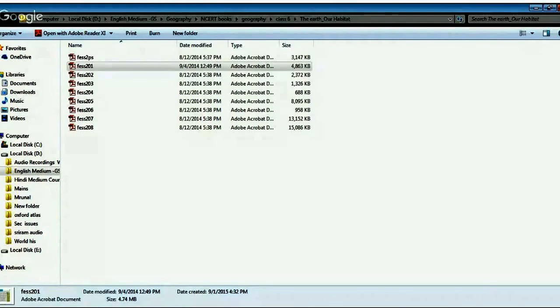These are known as inner planets because they are very close to the sun, and they are made up of rocks, debris, etc. And then there are the outer planets, Jupiter, Saturn, Uranus and Neptune.